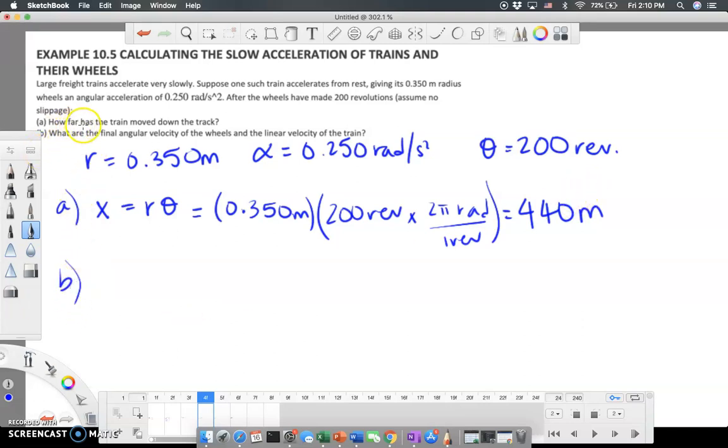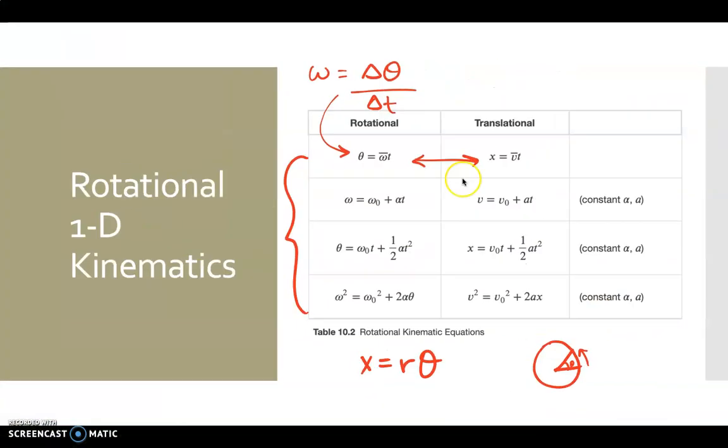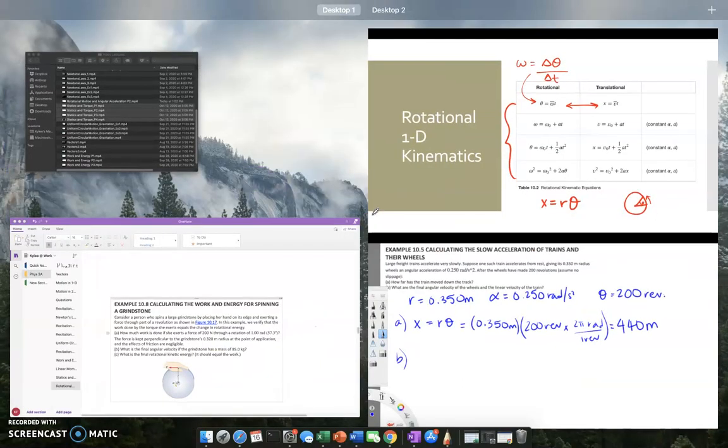The last question asks, what are the final angular velocity of the wheels and the linear velocity of the train? So angular velocity is going to be, we had this equation, but we don't know a time, right?